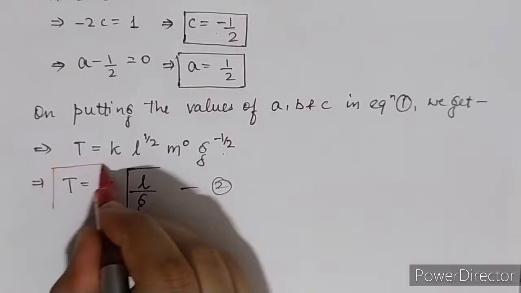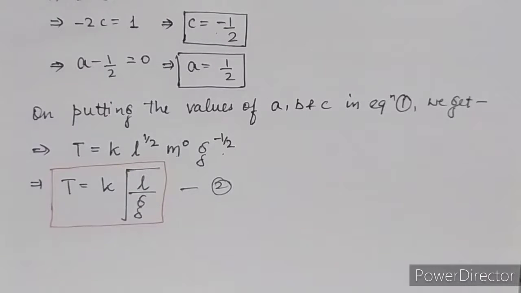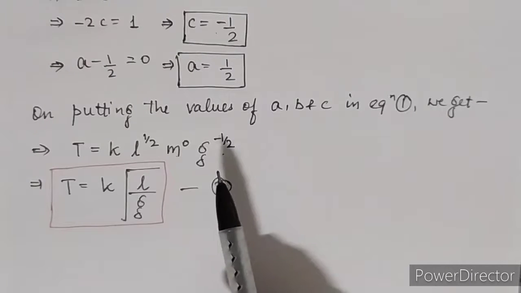If you don't know the formula, then if you write up to here in the exam, your answer will be right. But I am also telling you that the value of k cannot be obtained, the value of any constant cannot be obtained from the dimensions. So it doesn't matter if some number multiplies on the right side, because it does not affect our dimensional formula.